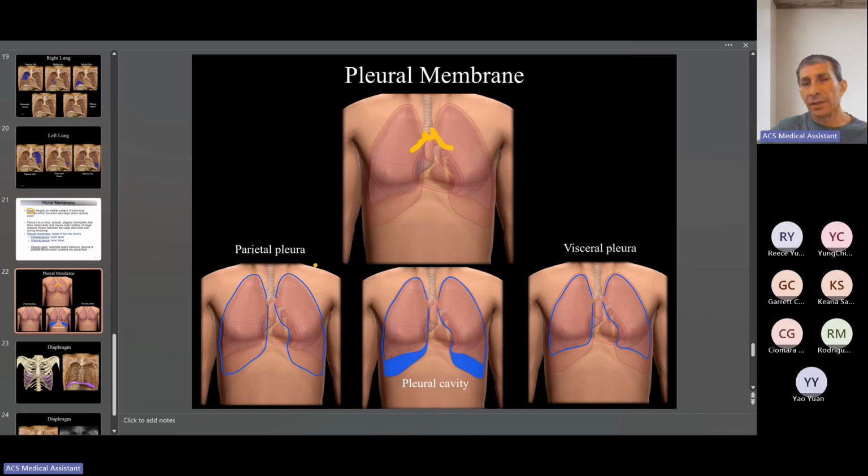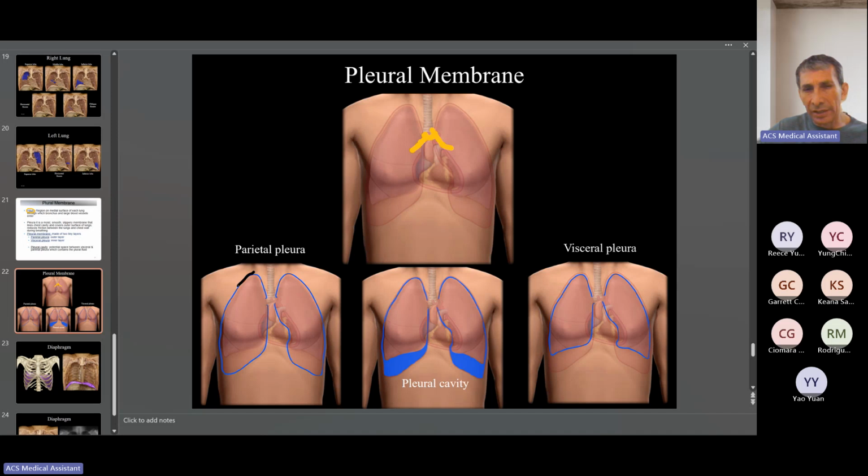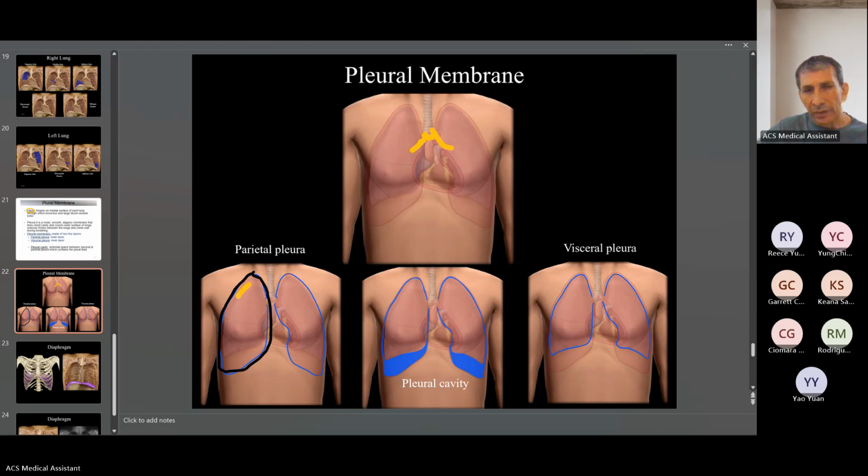Now you see the lungs. Now you see these membranes. See, this is the parietal pleura. So it's one layer on the outside, and then on the inside, you have another layer. So let's draw this. Let's put it like this is one layer. Now we have another layer. I'm just making it big so you can understand how it works.